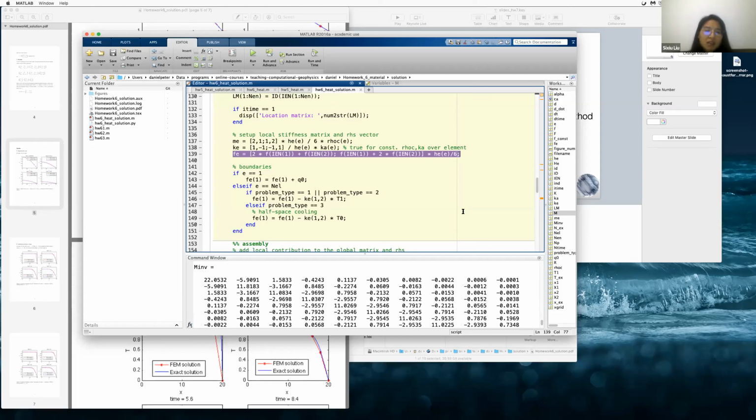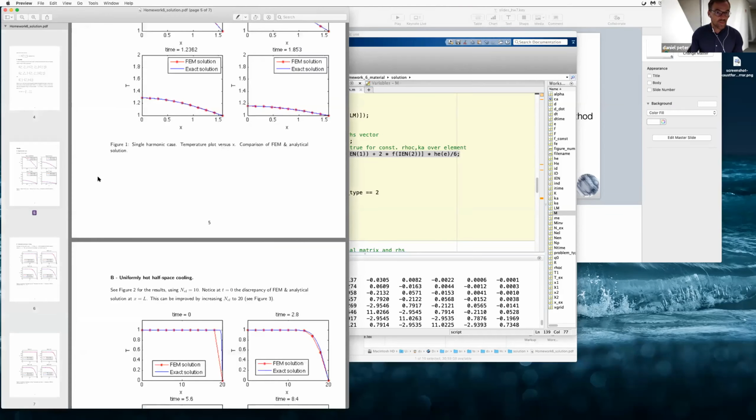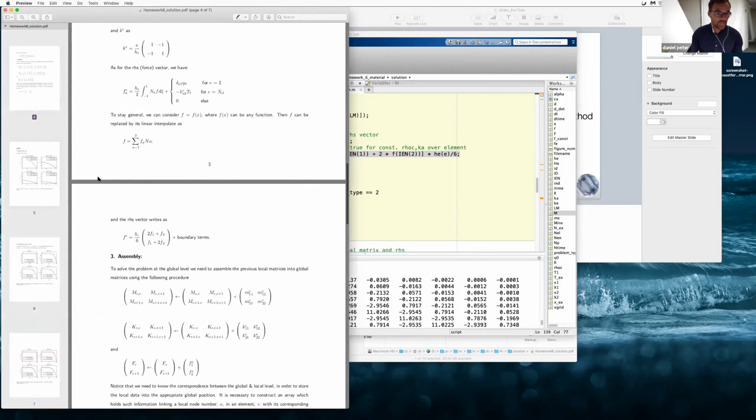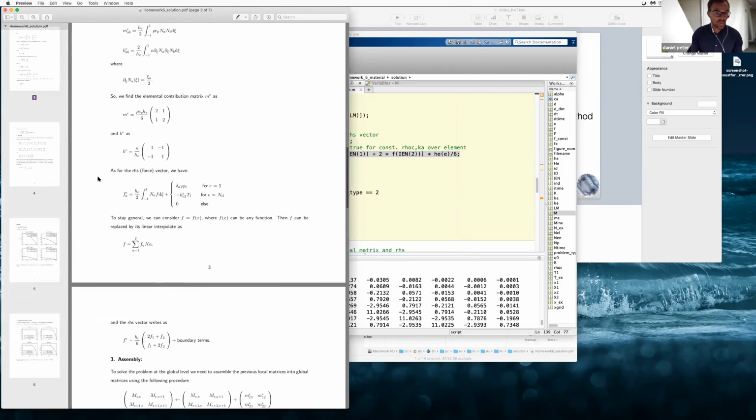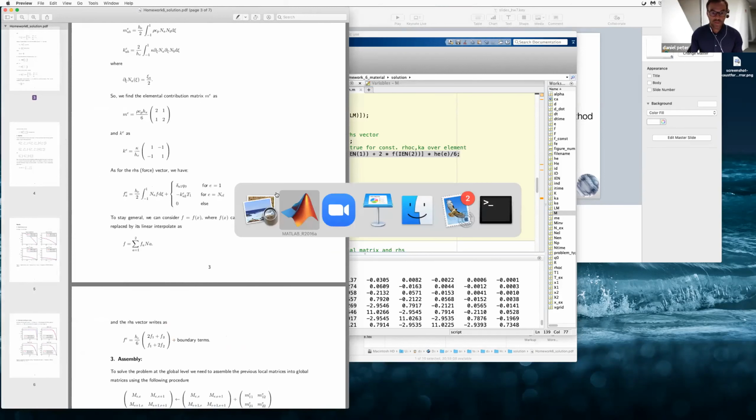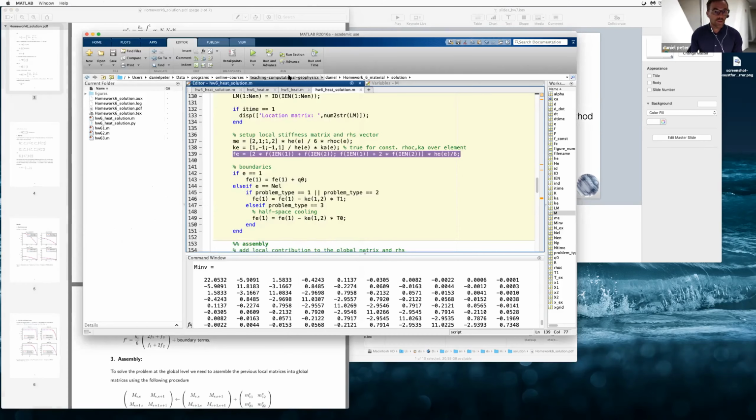But why is there only one FE1 here? Right. Let me quickly show you the PDF again. Because the contribution is only on a single node that you have to add here.